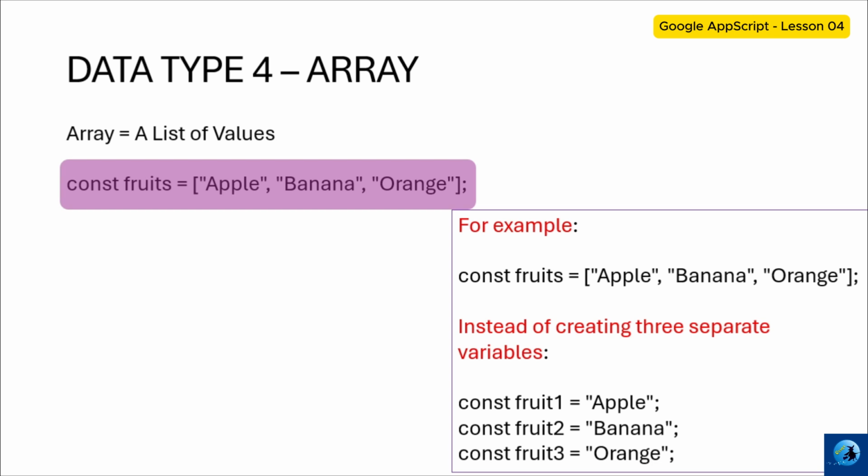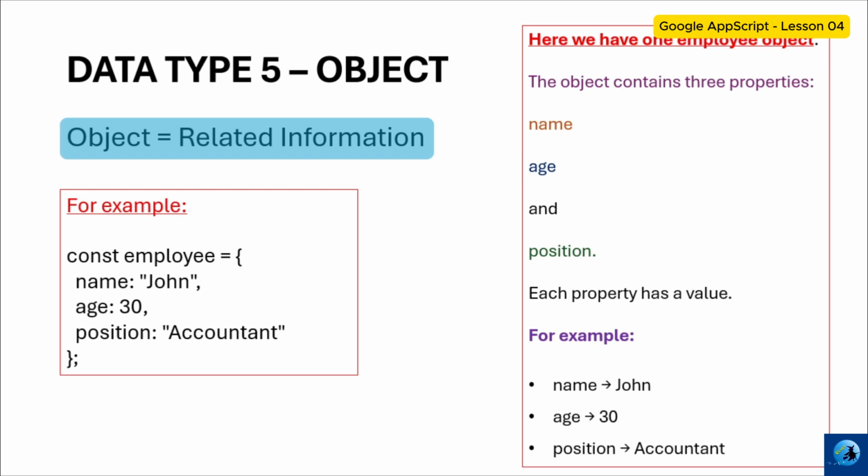Now the fifth data type we learn today is the object. An object allows us to store related information using key value pairs. So look at these examples. Here we have one employee object. The object contains three properties: name, age, and position. Each property has a value.